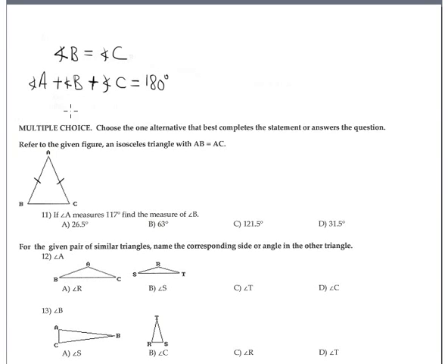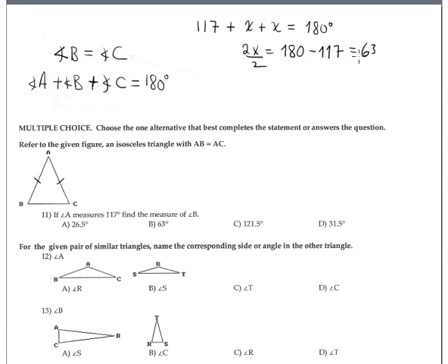But angle A is 117, so 117 plus X plus another X for B and C is equal to 180 degrees. Now 2X is equal to 180 minus 117, which is 63.